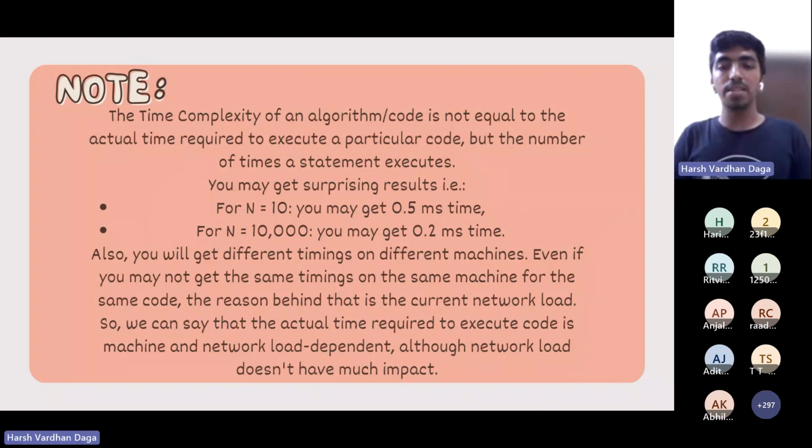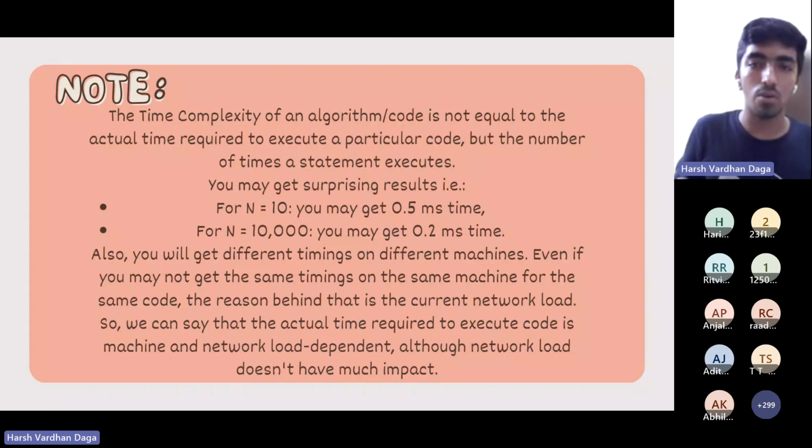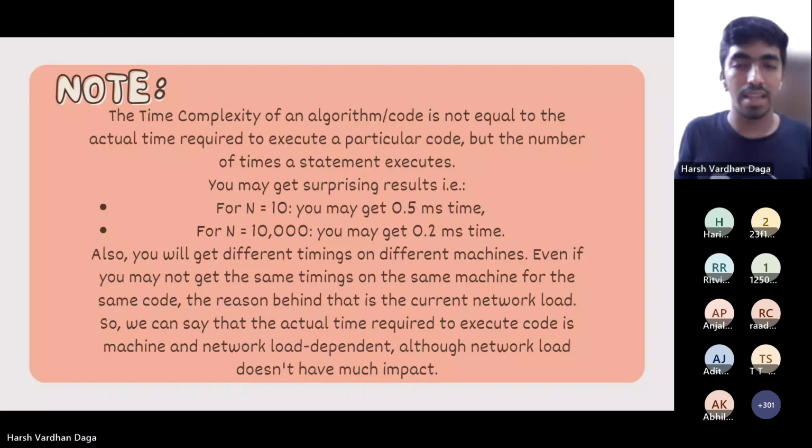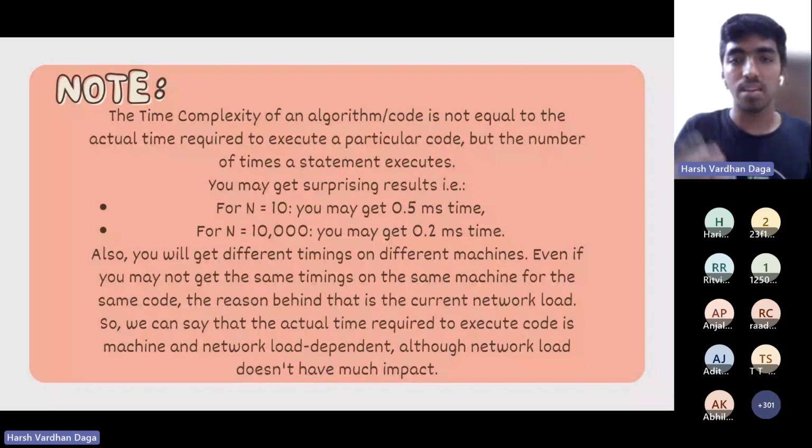Firstly, it depends on machine to machine and compiler to compiler. Like if you run an O(n) solution, which I will brief you about in the upcoming slide, on Codeforces, it may take 100 milliseconds, whereas if you run the same solution on another platform like CodeChef or any other compiler or IDE, you may get a different time than 100 milliseconds.